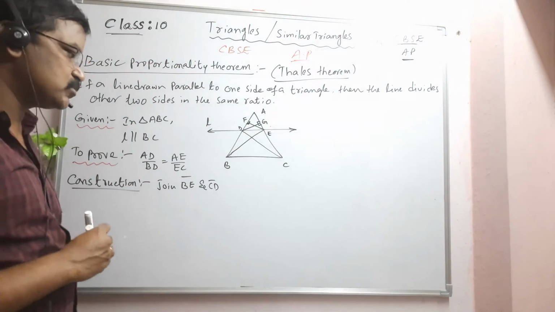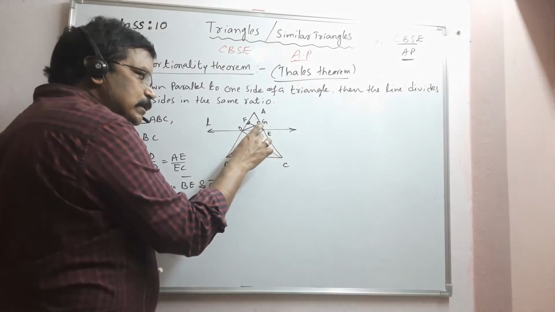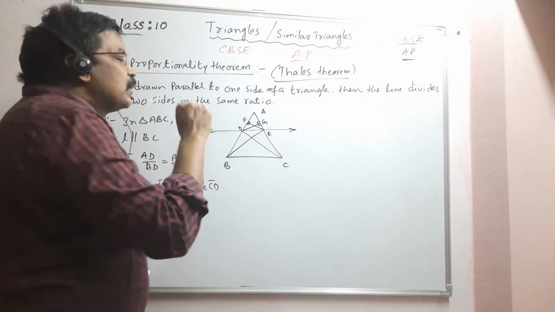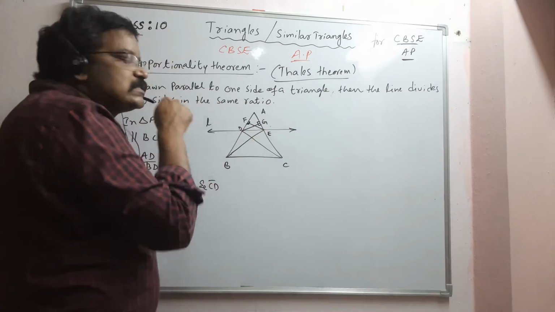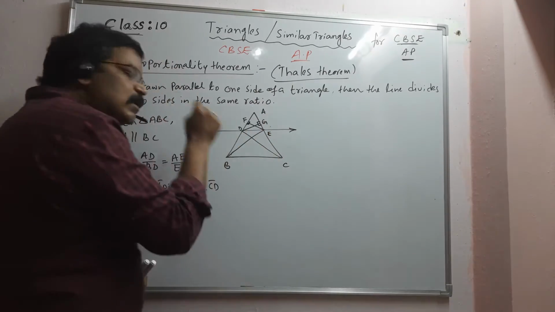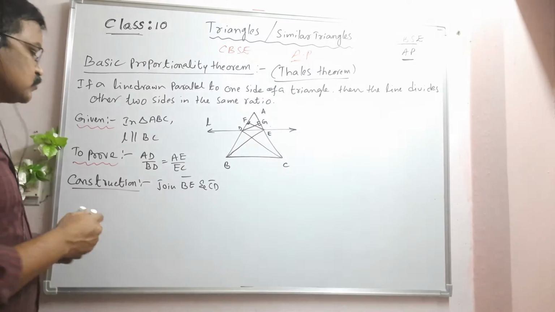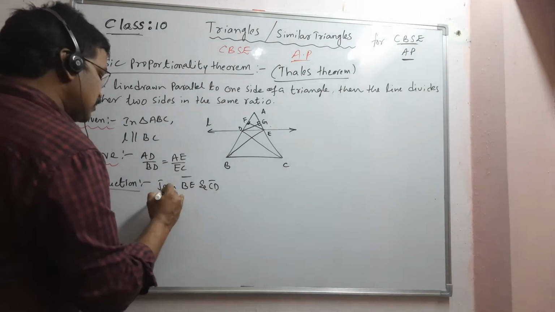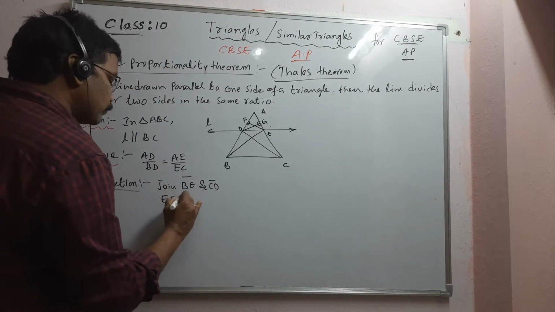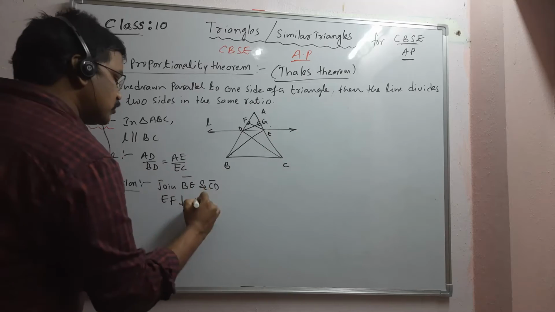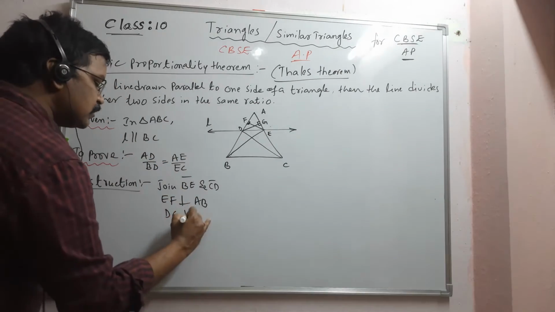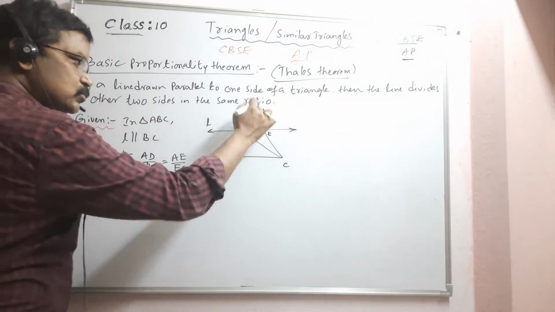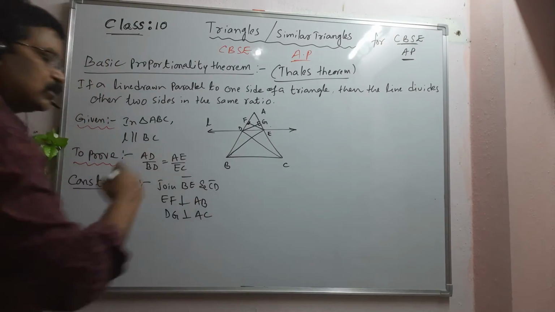This is the construction. Just I joined BE and CD, and what next? This DG is perpendicular to AC, and this EF is perpendicular to AB. So I will write here: EF is perpendicular to AB, and DG is perpendicular to AC.